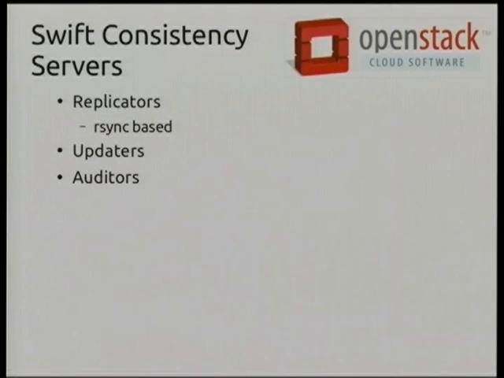And then, like I said, we're not going to talk about these very much, just because they're less interesting. Those are the consistency servers. There's a couple of pieces of the Swift architecture where people go, wow, why are you doing that? The rsync nature of the replicators is one of those.